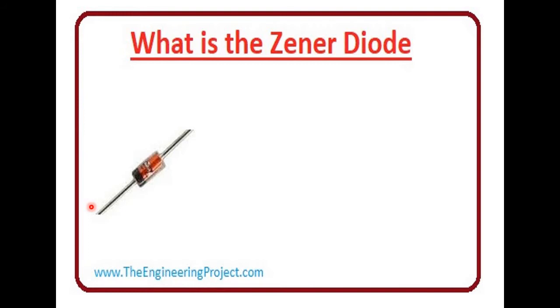With respect to a diode, there are two electrodes. One electrode is known as cathode, another one is known as anode. Okay. So here the image is provided. One end is termed as cathode, which has a negative sign. The other end has the positive sign and is termed as anode.